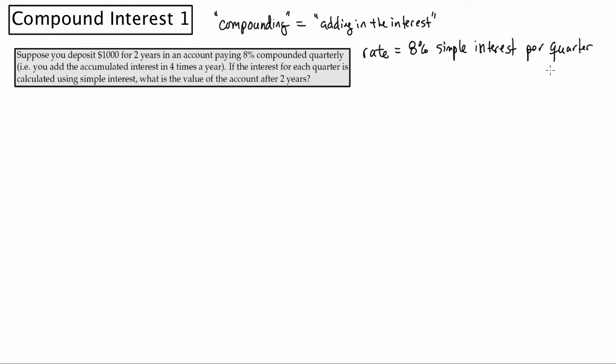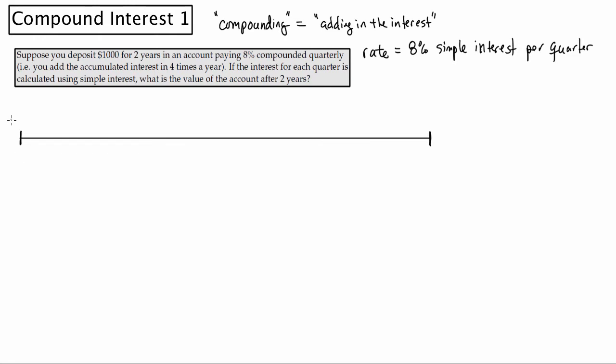In order to do this, I want to think of this as a timeline approach, just to give you a little bit of an example of how this works. I'm going to consider this spectrum as the 2-year period over which the account exists.